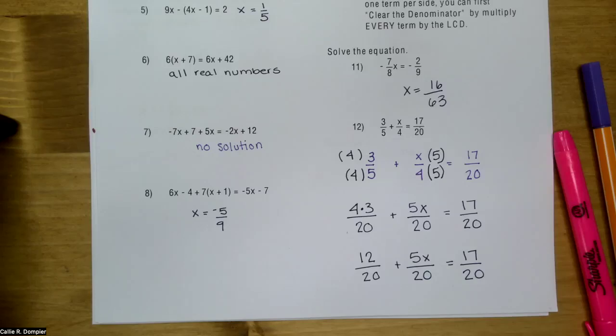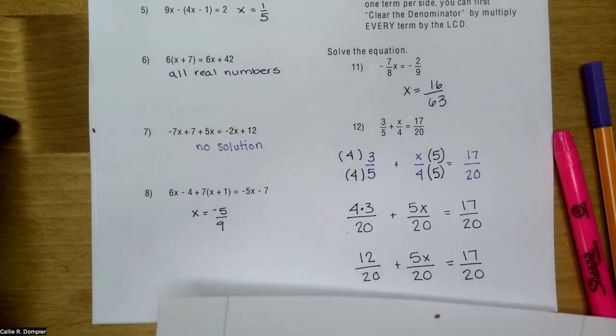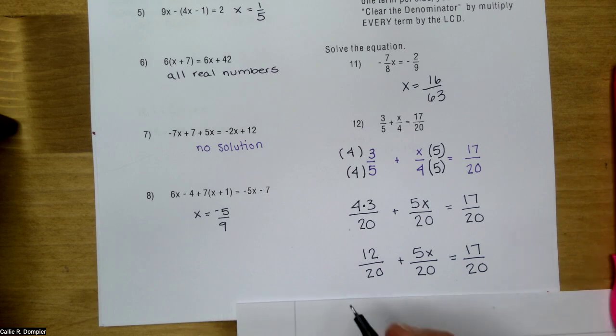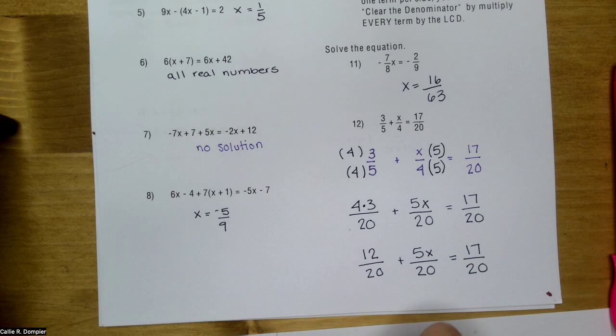Good. Now you have the same denominator, okay? Once you have the same denominator, you're going to do the same thing we were doing before, which was just, let me rewrite it. 12 divided by 20 plus 5x divided by 20 equals 17 divided by 20.